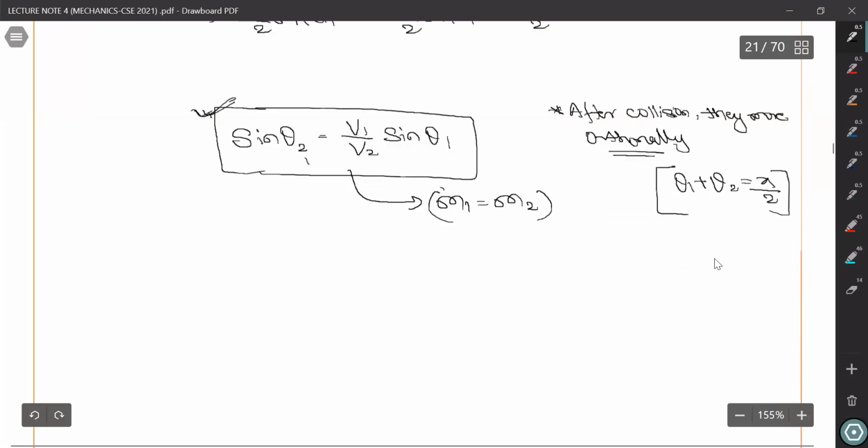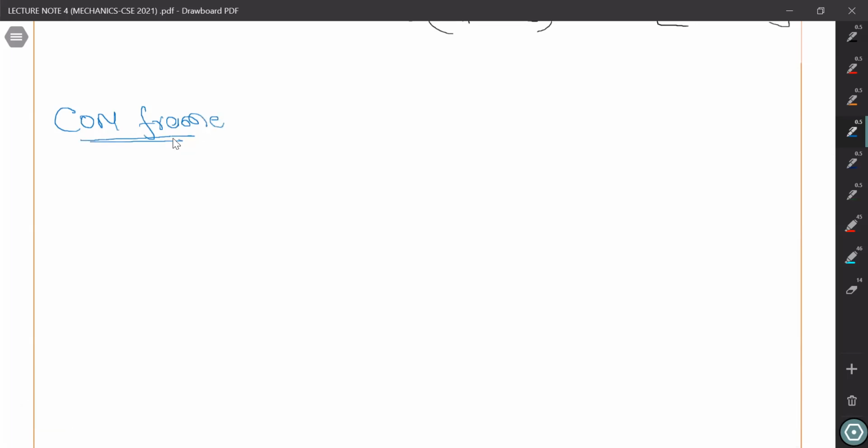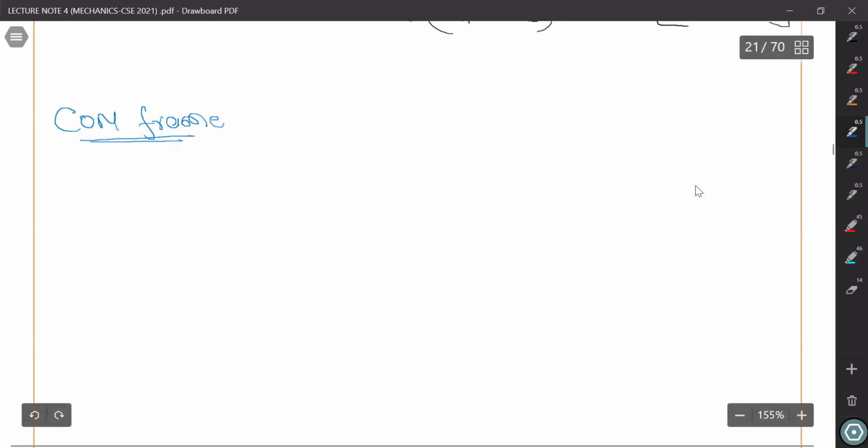Now try to understand it from the center of mass frame. This frame is very important when we read about these 2D or 1D collisions. If you are at the center of mass, you are in the zero momentum frame.